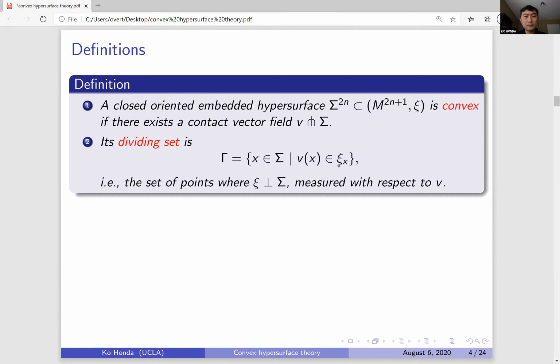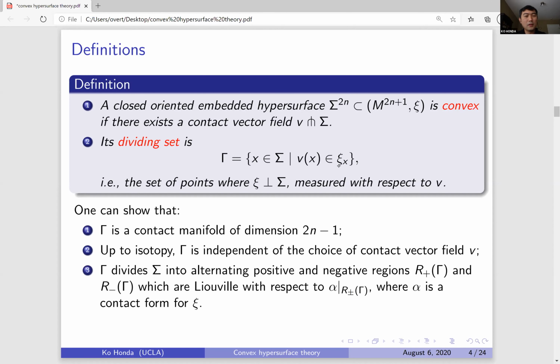And so we have this strange set where you have this perpendicular condition, and if you've never thought about this before, there's no reason to think that this Gamma is of any interest. But it turns out that Gamma is a contact manifold of dimension 2 lower.